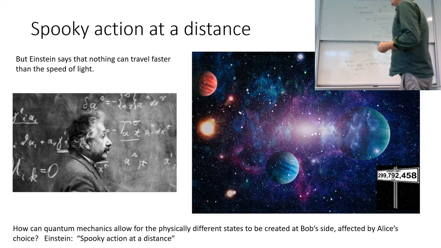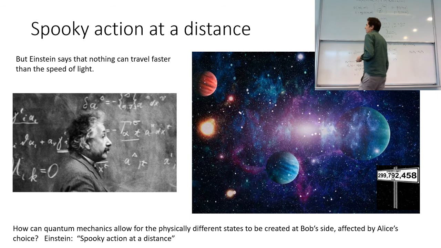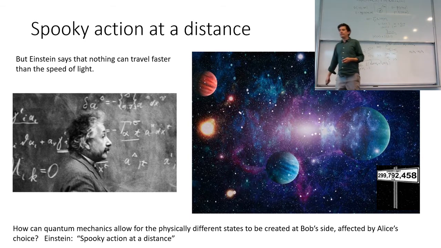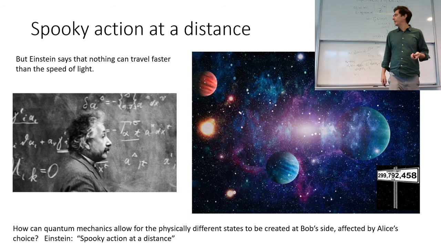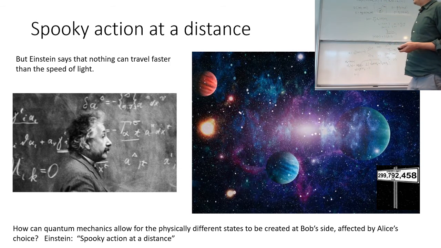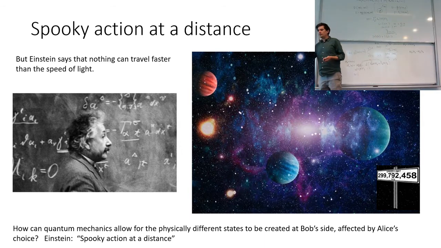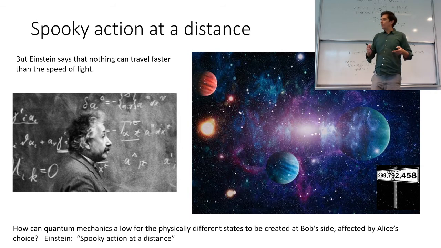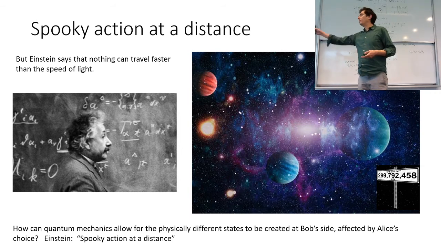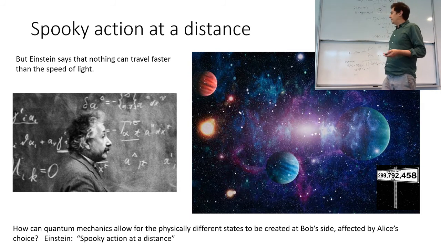And this is what Einstein famously said is bizarre about quantum mechanics, this kind of spooky action at a distance, because apparently Alice is influencing what Bob will get without any forces or any kind of information. There are no waves traveling from Alice to Bob, no light signal, nothing.